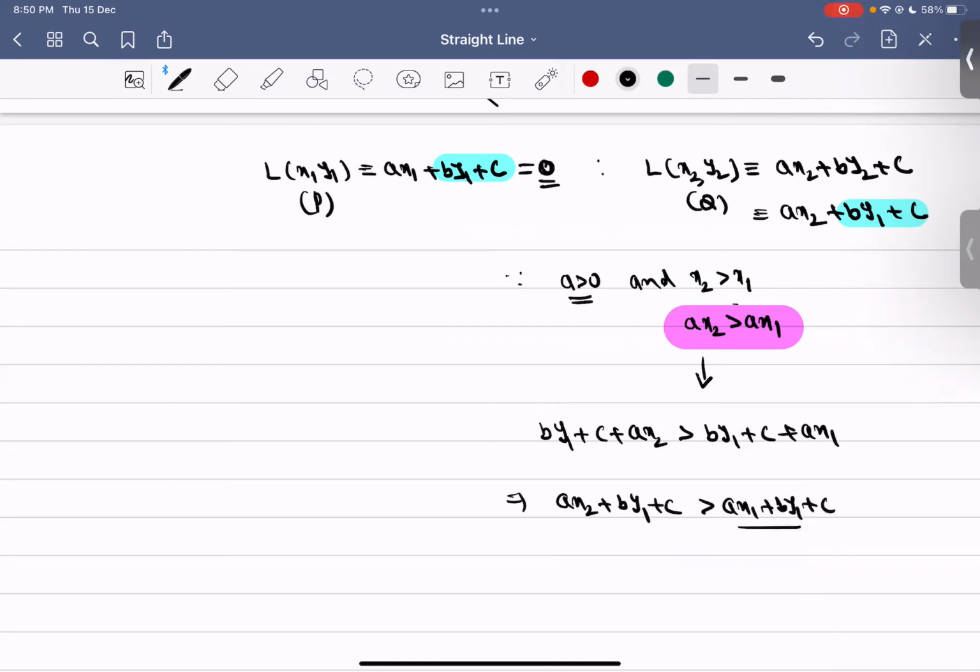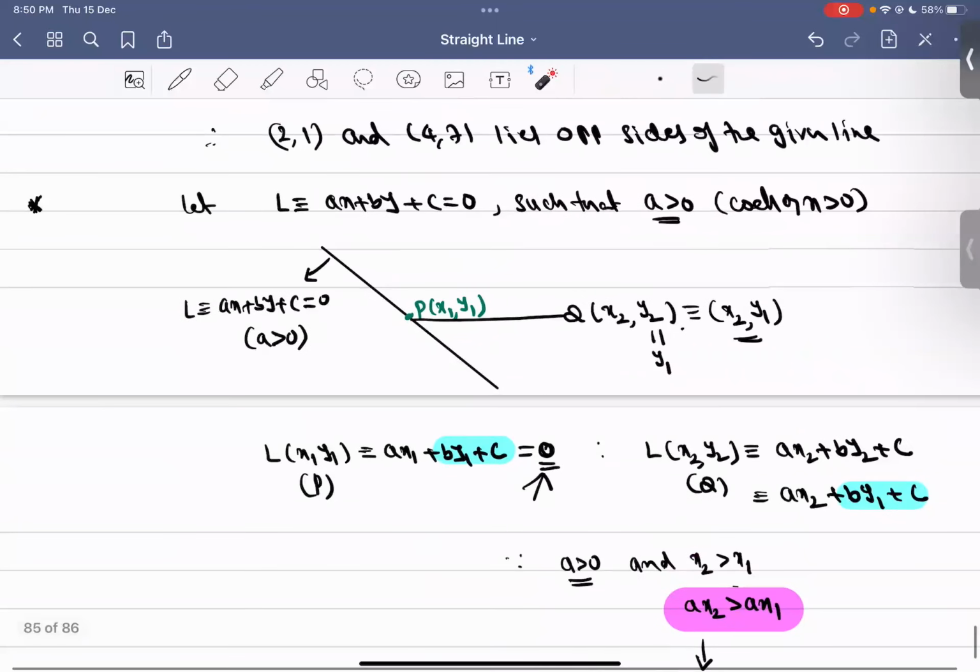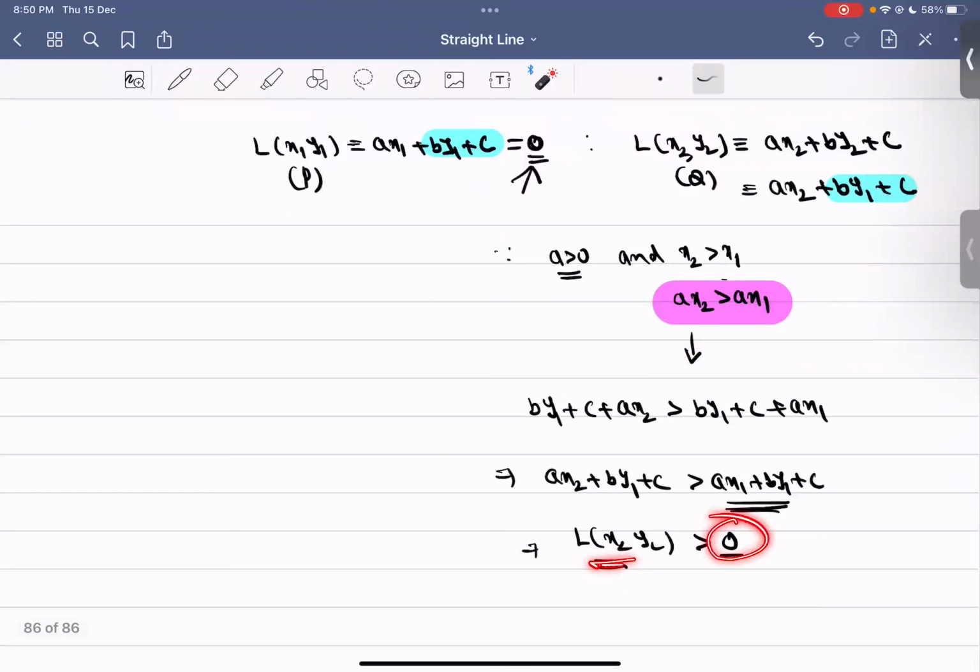Now what is ax1 plus by1 plus c? It is 0. Therefore, L(x2, y2) is greater than 0. So for this point Q(x2, y2), L(x2, y2) is positive, yes. Yes, sir, this is the proof or explanation.